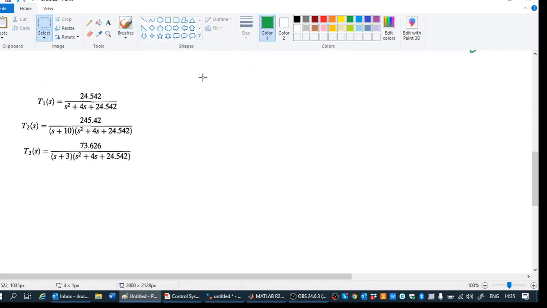If you have a look here, you can see that this first one, T1, is a pure second order system, right? Now this one, that is T2, it's a third order system.